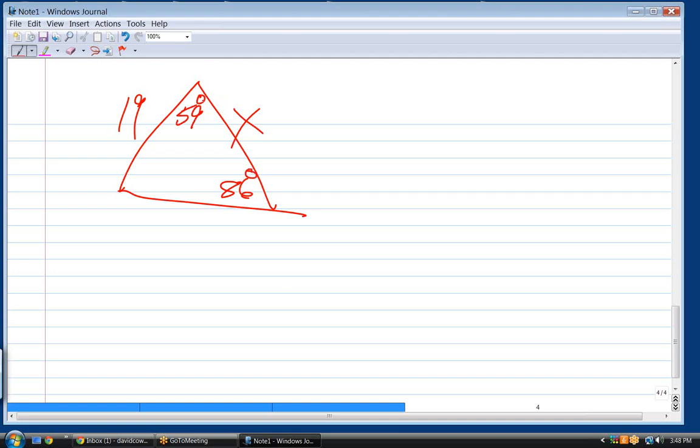So they've given us two angles and a side. But they've really given us three angles and a side, right? Because what's this angle here? If you add both the other angles and subtract from 180, what do you get?